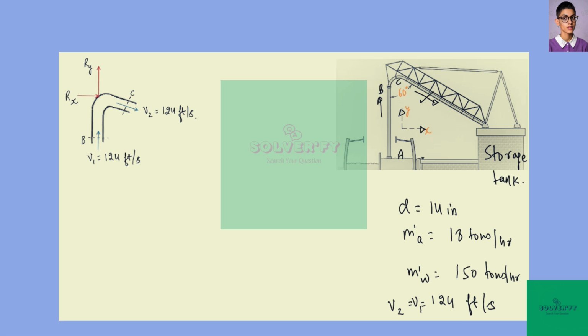Now mass flow rate for air is given as 18 tons per hour, but we'll convert it into slugs per second. So 18 tons will be multiplied by 2000 divided by 32.2, and to convert it to seconds we have to divide by 3600. So from here we get the units in slugs per second for m dot a, and it comes out to be 0.3106 slugs per second.